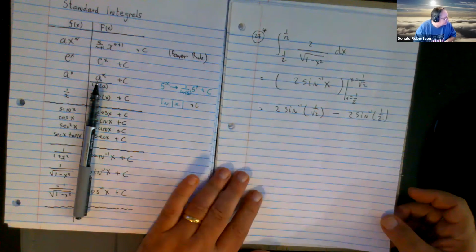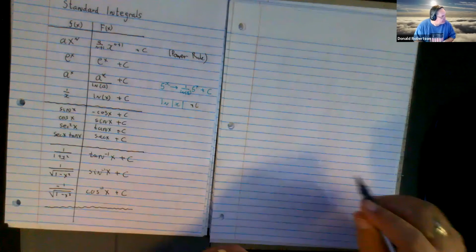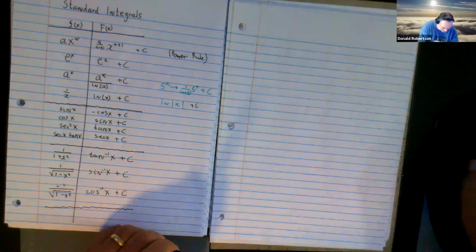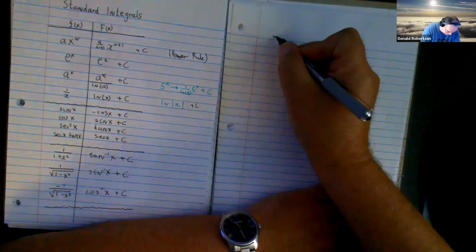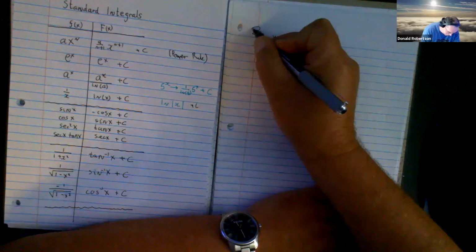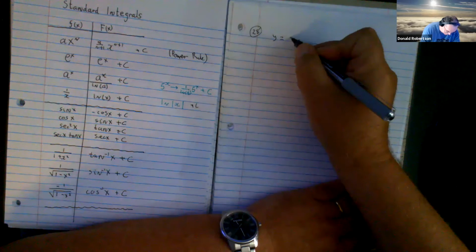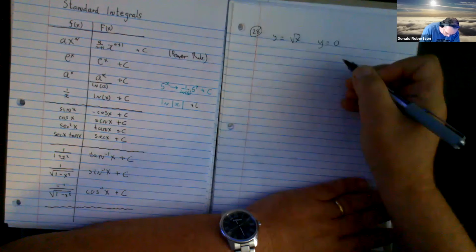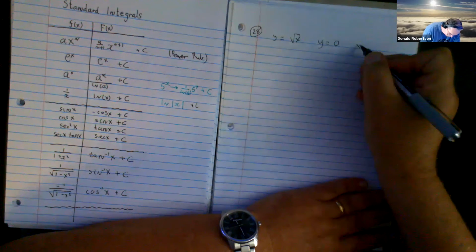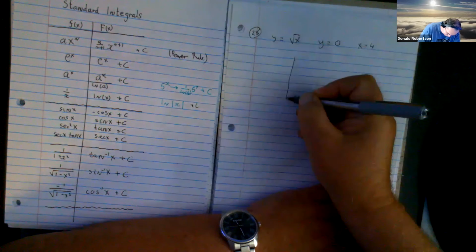Okay, next question involves us doing a sketch of something and then calculating it. So in this question, it's 28. And the function we've got is this guy, and it's bounded by y equals 0 and then by x equals 4. I'm going to try and draw a very primitive sketch.